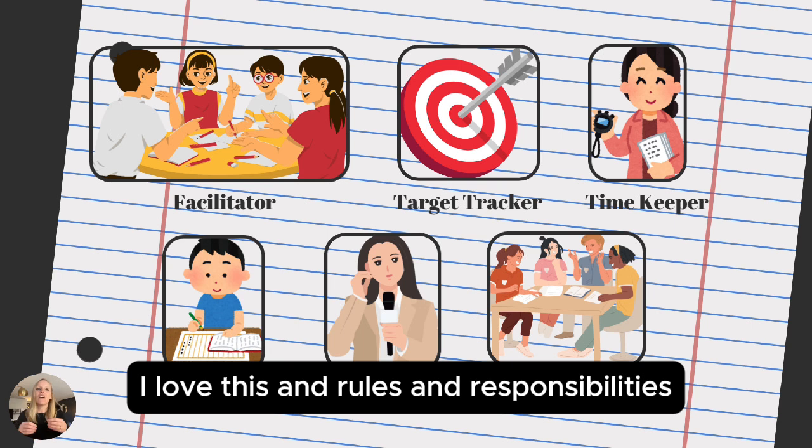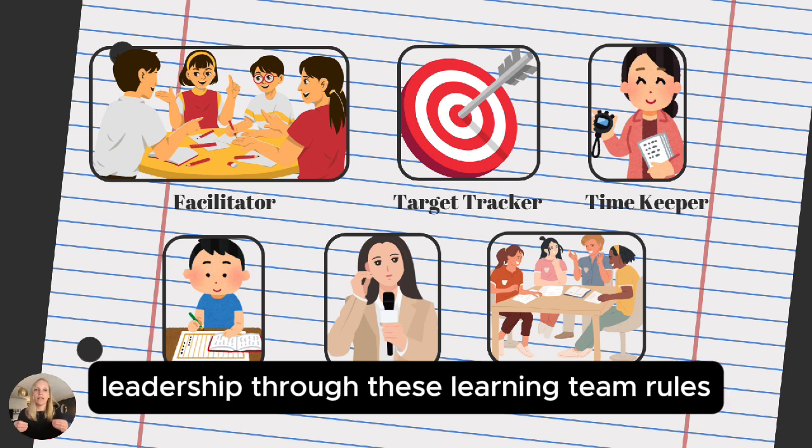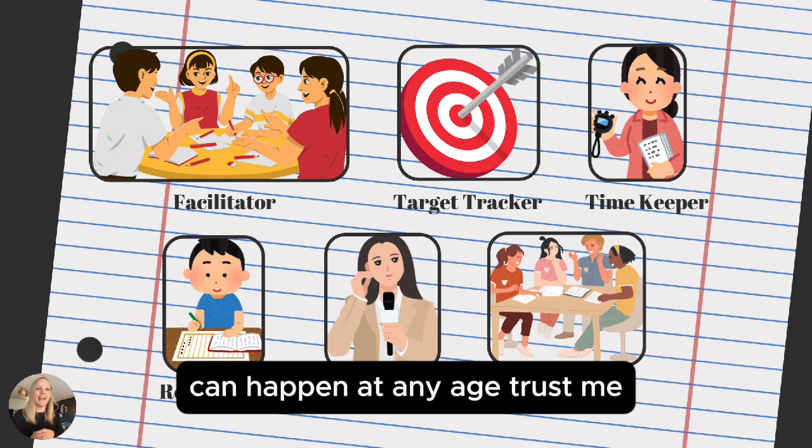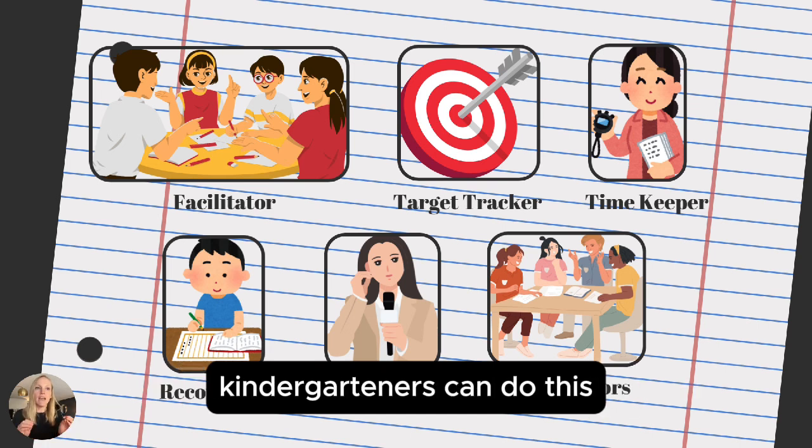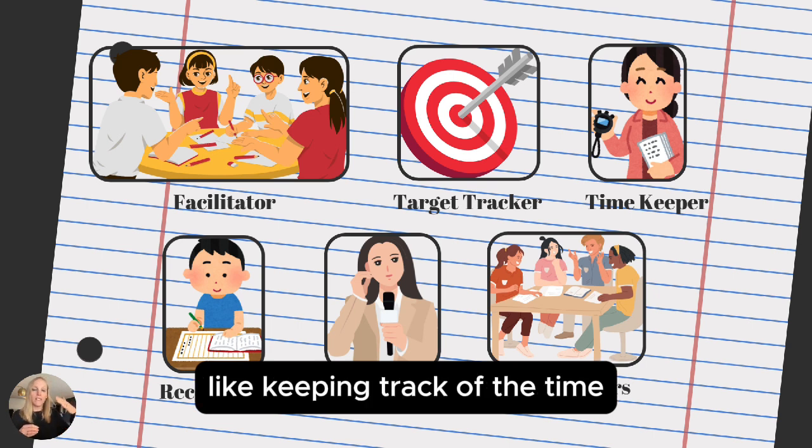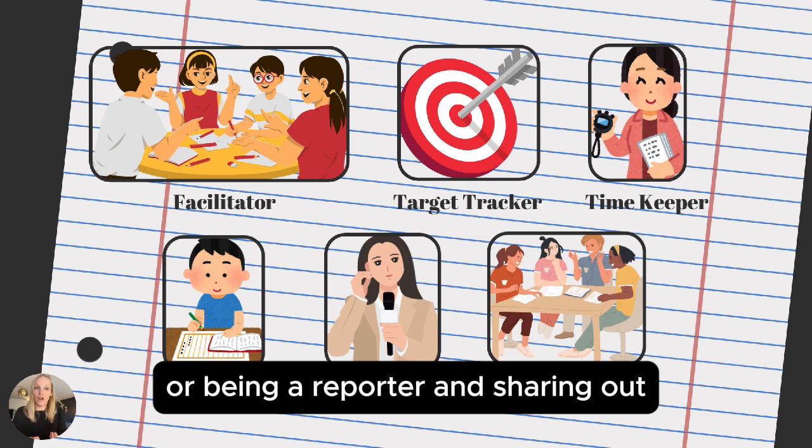I love this. And roles and responsibilities, leadership through these learning team roles can happen at any age. Trust me, kindergarteners can do this. They can establish roles like keeping track of the time or being a reporter and sharing out.